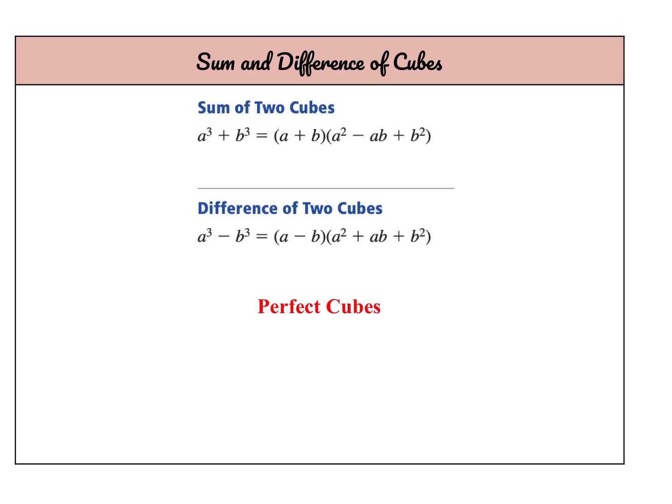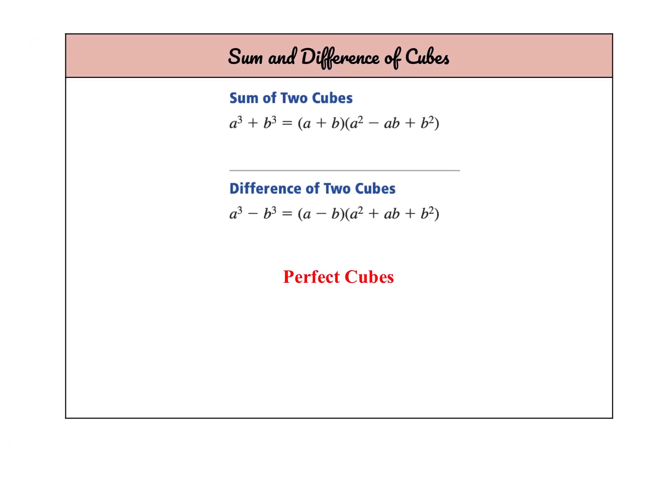So for this, it's really important that we're able to recognize perfect cubes. So you see a number, you say, oh, I know that that number is just 4 cubed. So let's list out some perfect cubes. Well, the first one is going to be 1 cubed, which is 1. 2 cubed is 8. 3 cubed is 27. 4 cubed is 64.